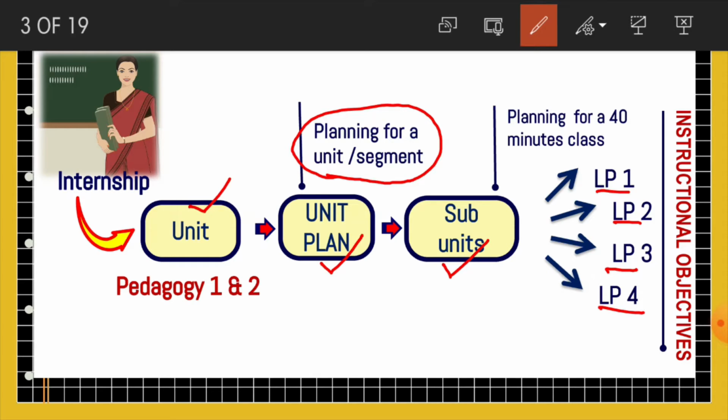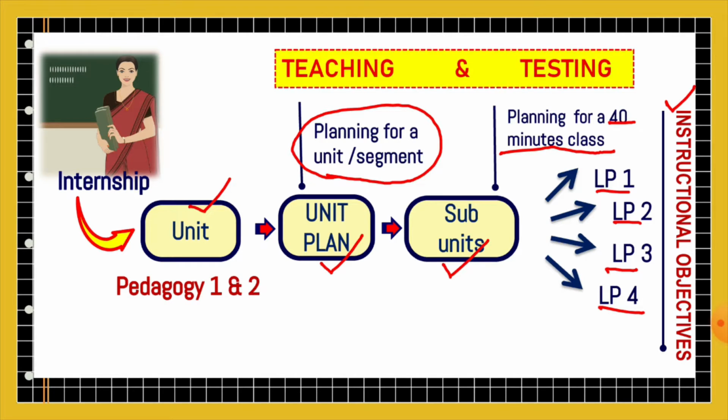Your each lesson presentation of 40 minutes is targeted to achieve some of the instructional objectives written in the beginning of the lesson plan. Dear students, we have learnt that teaching and testing go together. That is why even in the 40 minutes class, while providing learning experiences, you evaluate students' learning through observation, questions and other testing activities which surely give you some idea about learning experiences of the students.